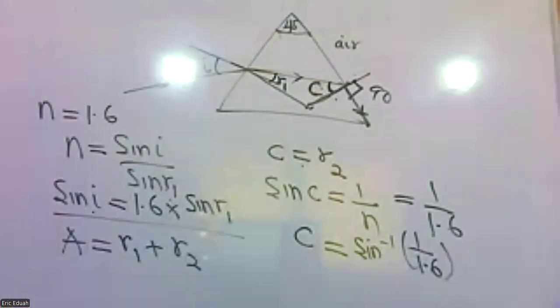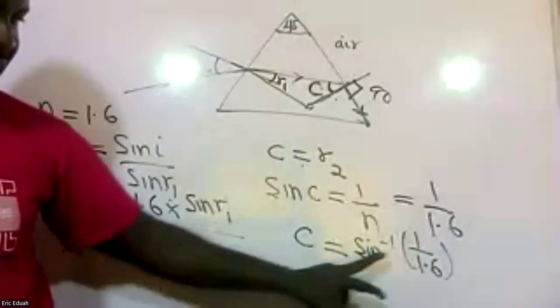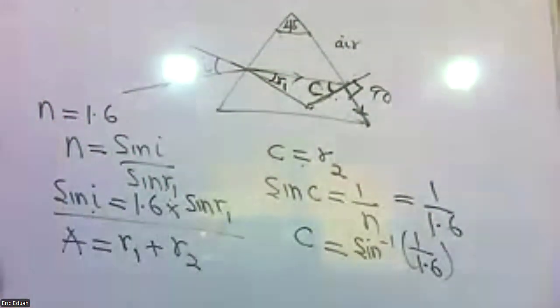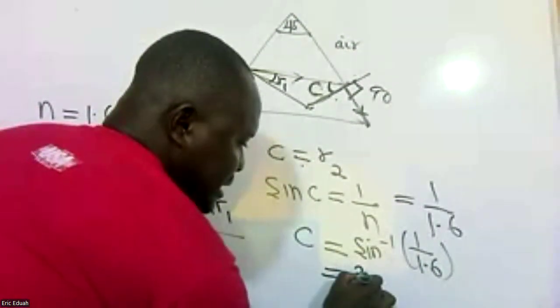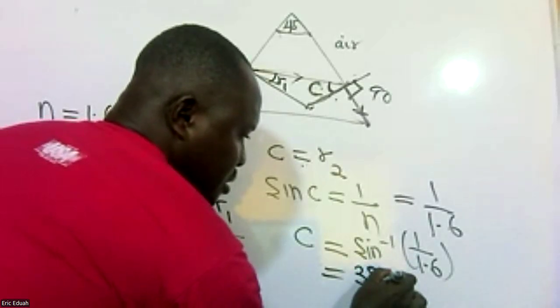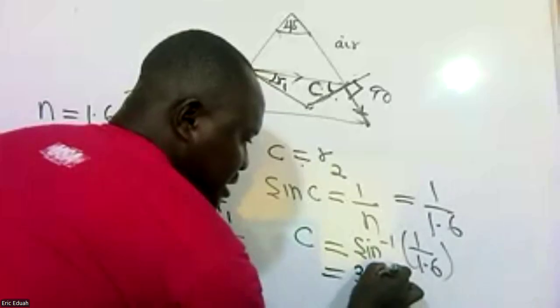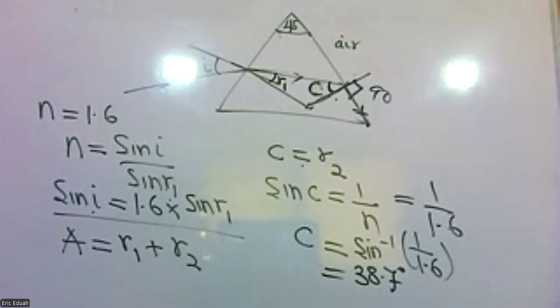Calculate the sine inverse of this ratio for me. 38.66. Okay, so let's have it as approximately 38.7.